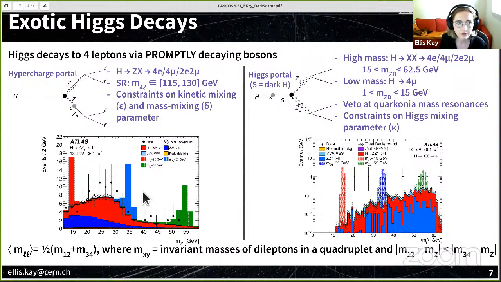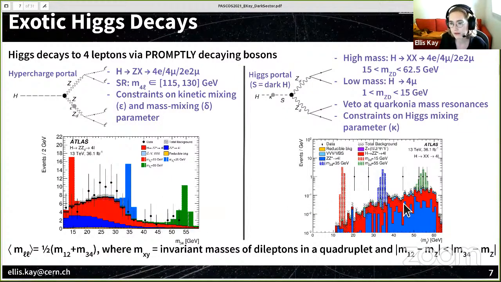On the left, you can see in the hypercharge case, this is the mass distribution for the subleading dilepton. So the data is the black points, and we have various backgrounds in the different colors, where the biggest background is Higgs to ZZ. And we have some different signal mass points shown as well.